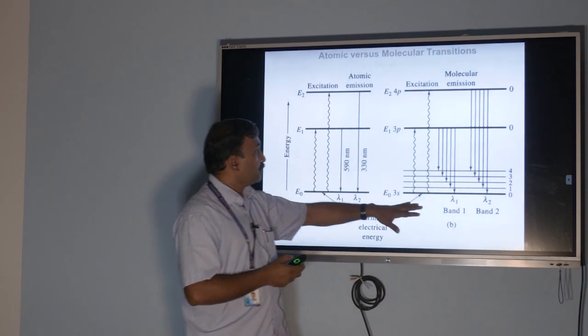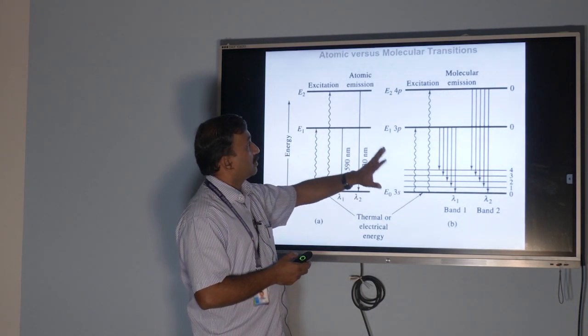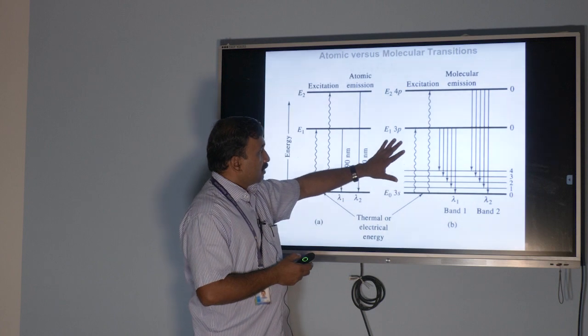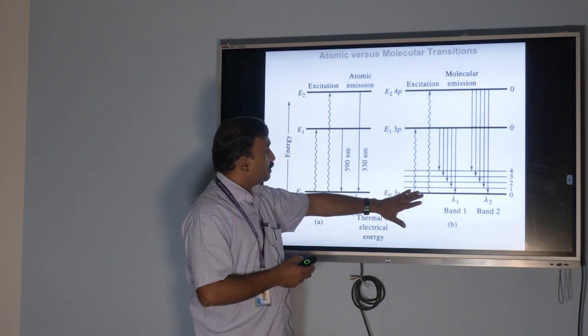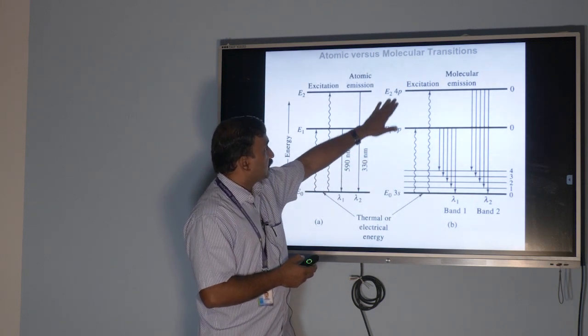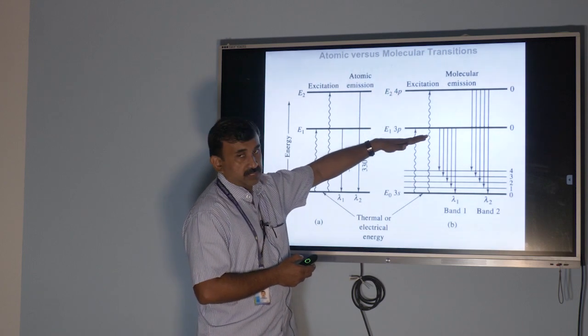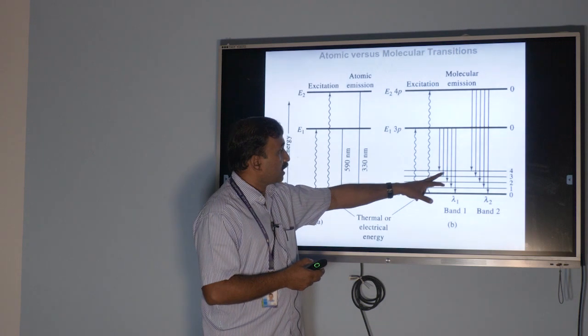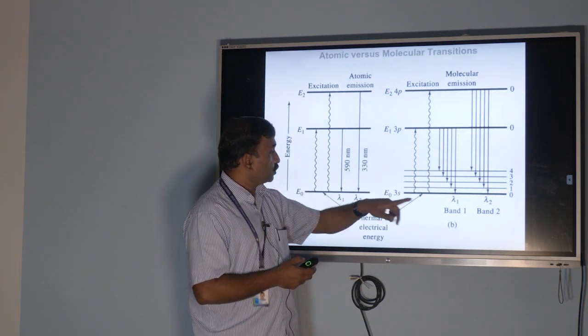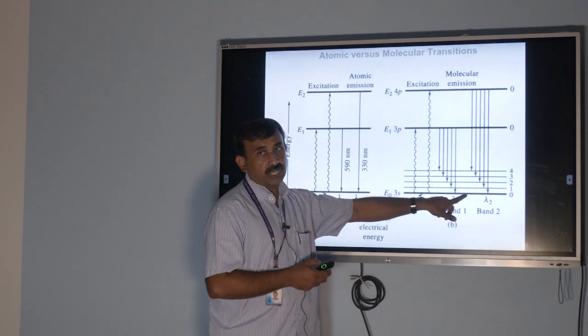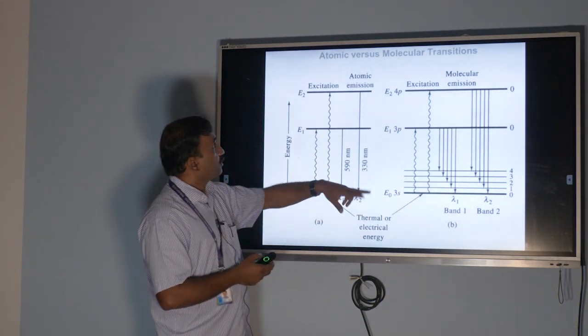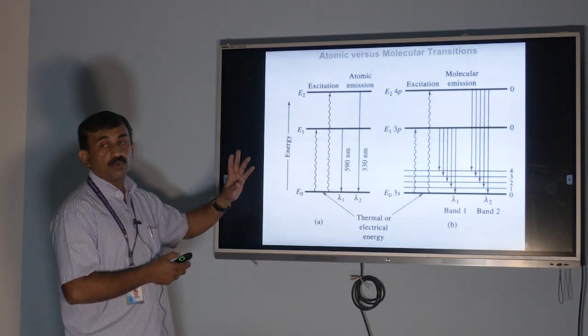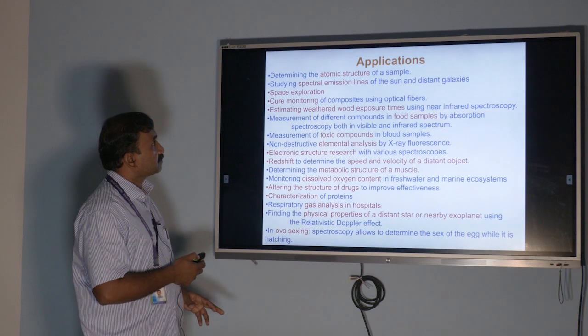But in the case of molecular transition, when it receives energy, it will be elevated to the higher energy levels, and when it loses the energy, it will return to the vibrational energy levels and not to the ground state. That is the difference between atomic energy transition and molecular energy transition.